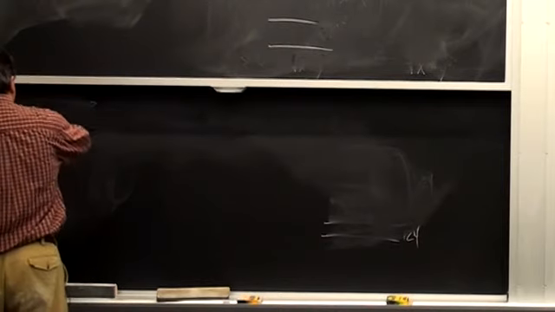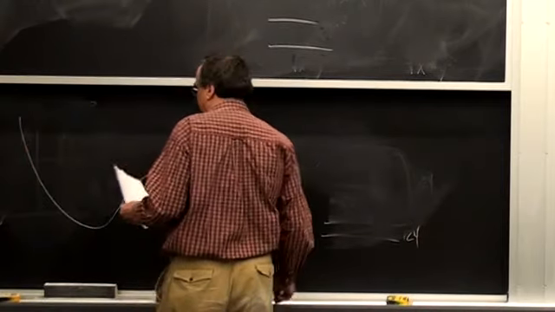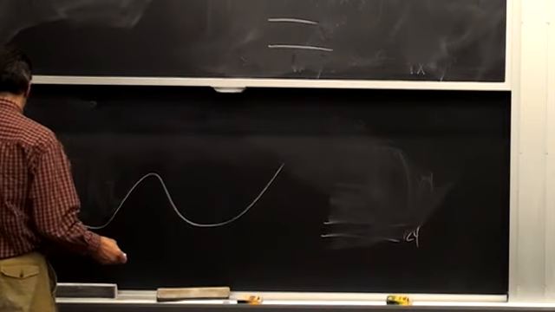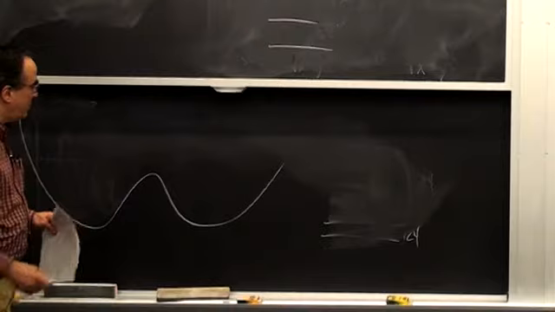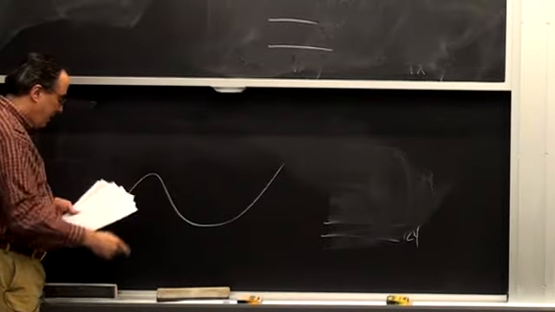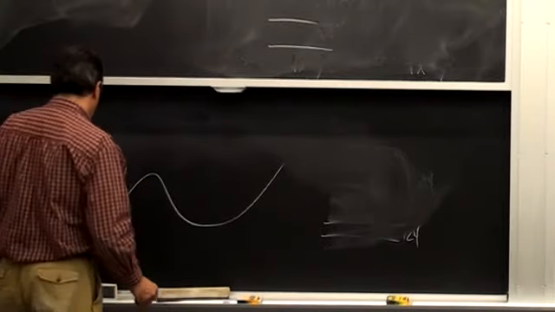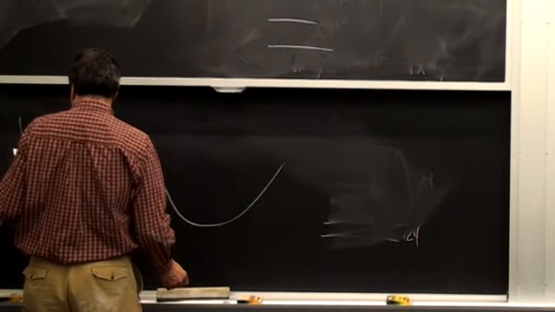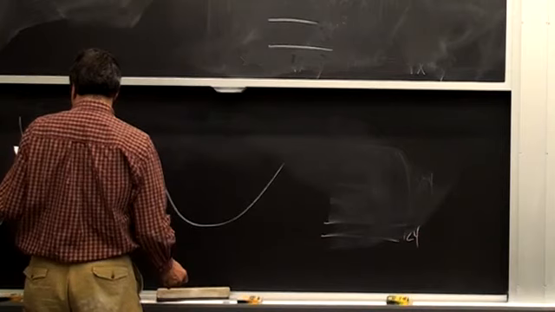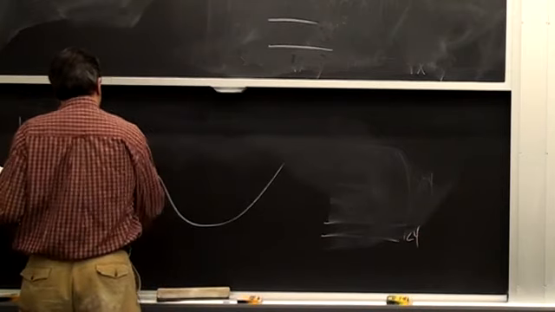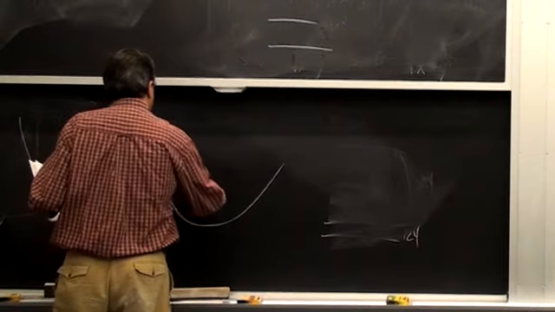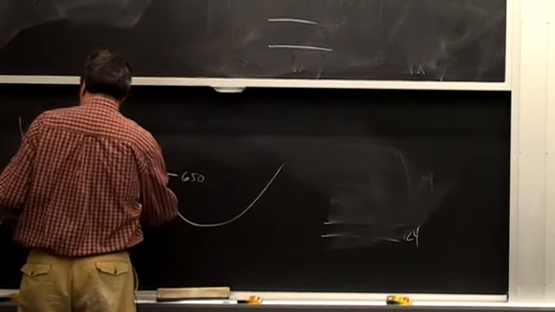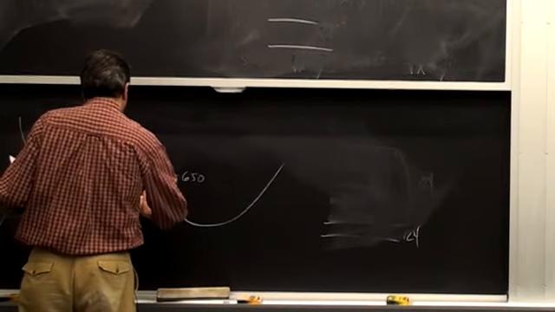Okay, so there is this double minimum. He was able to fit the energy levels to a model, and he showed that the top of this barrier is 650 wave numbers, and the 0 point level is 400 wave numbers.